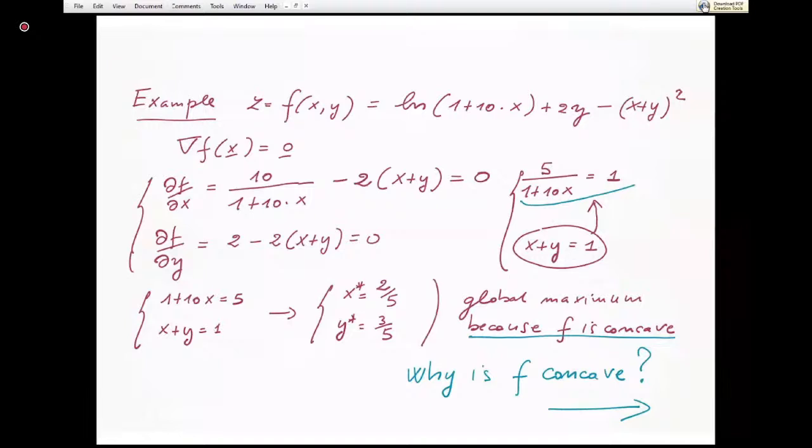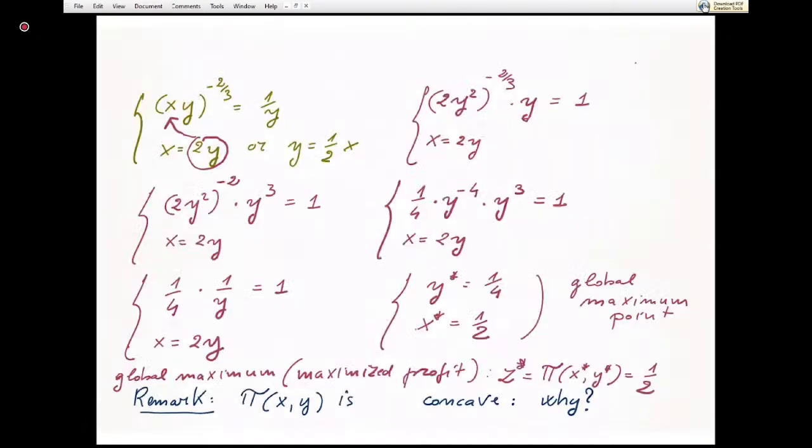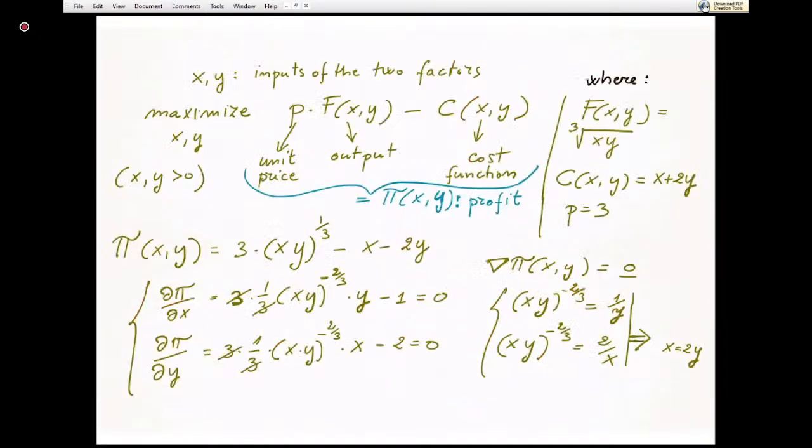Okay. Third example, really easy, but a source of infinitely many possible types of mistakes, but really easy, actually. This is a very classical example.